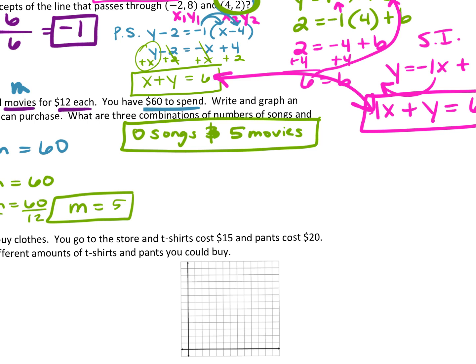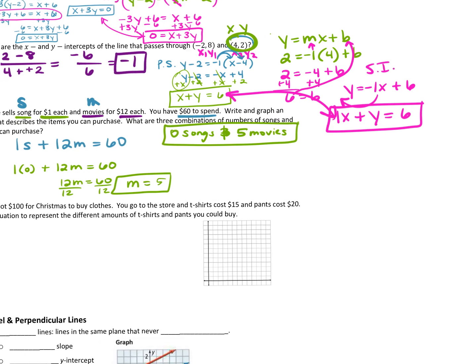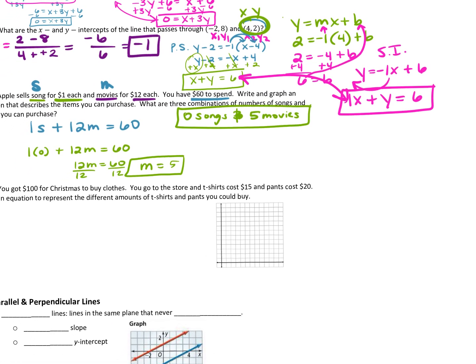What could you do for another set of numbers? 1s plus 12 times 0 equals 60. Yeah, plug in 0 for your movies. 1s plus 12 times 0 equals 60, okay? So this would be s equals 60, and there's nothing to divide by because it's 1s, right?